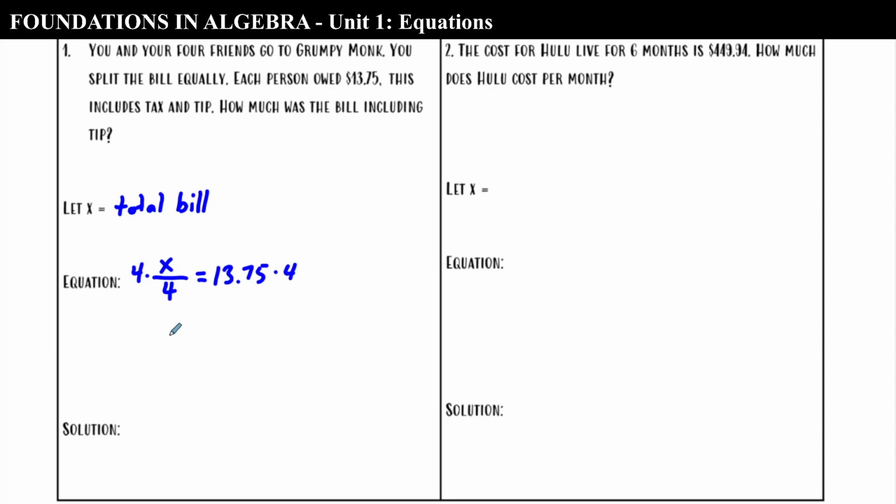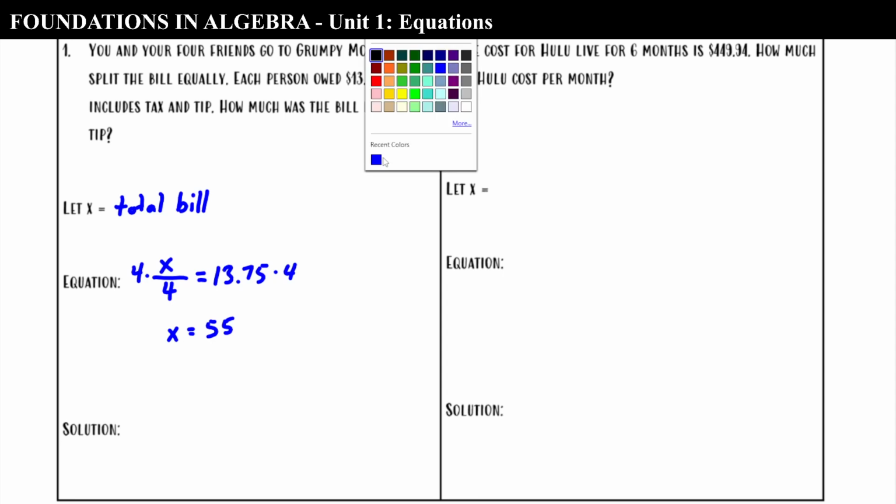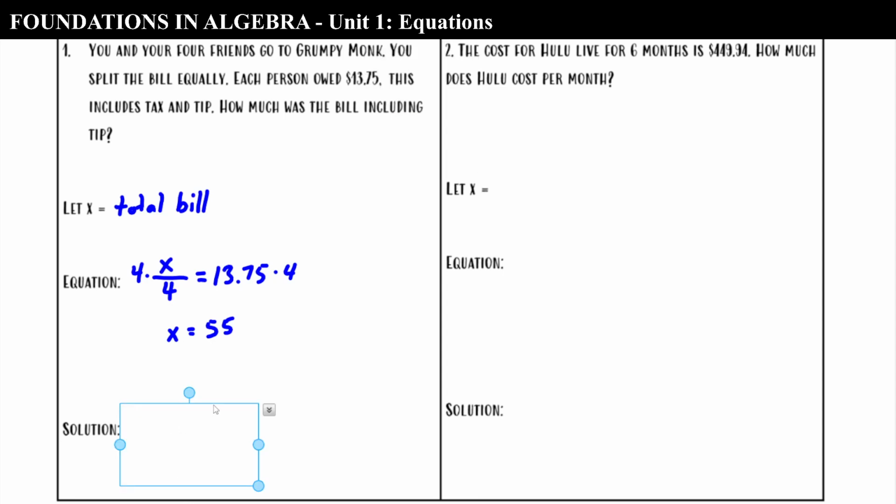Our 4's cancel on this side, so we get x here, and we multiply $13.75 by 4, we get x equals 55. So remember, a word problem will require a word answer. And that word answer is going to be a short sentence giving us some context, and it doesn't have to be long. You can just say the total bill was $55. That's all you got to say.